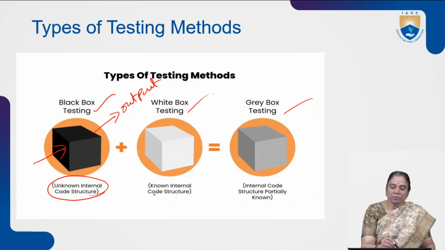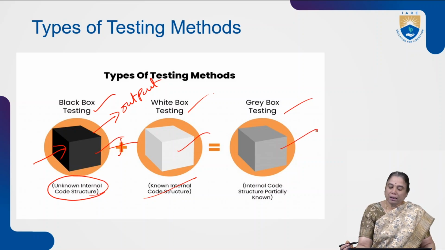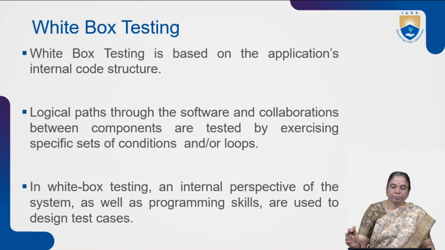The combination of black box and white box is gray box testing, where the internal code structure is partially known and the focus is majorly on verification of the functionality. So these are the three types of testing methods.